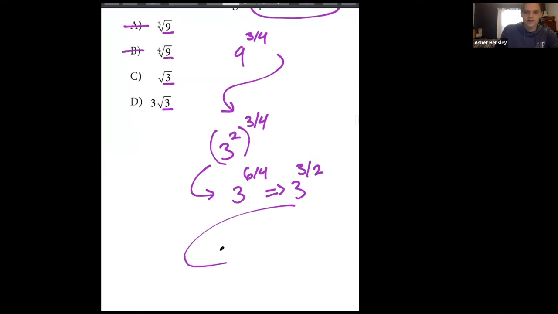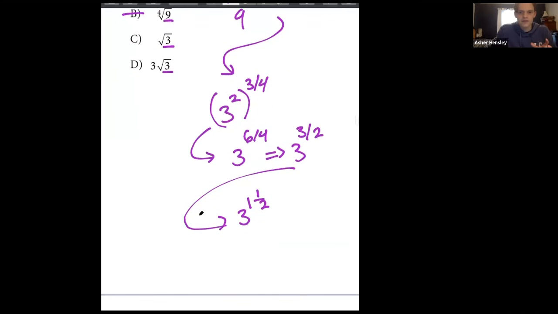So if I have 3 to the 3/2, how could I rewrite this yet again? This is where I get kind of lost, I feel like. Okay, so what if we tried to write 3/2 as a mixed number? What would that look like? That would be 3 and 1/2. Wait, no, 1 and 1/2. Yeah. Nice. So if I have 1 and 1/2, I could rewrite this as 3 to the 1 times 3 to the what? 3 to the 1/2.